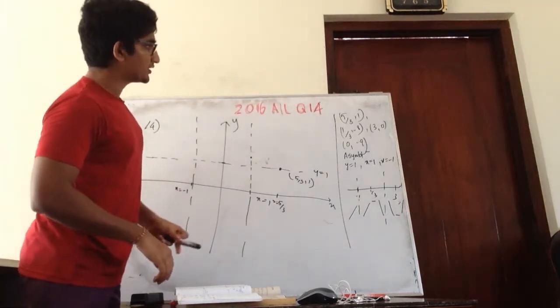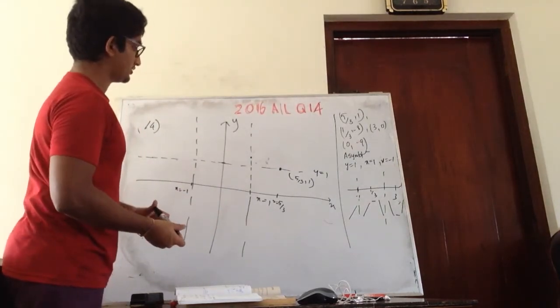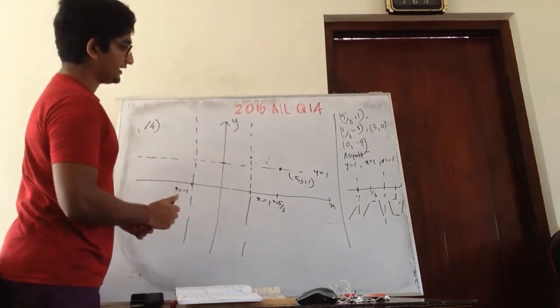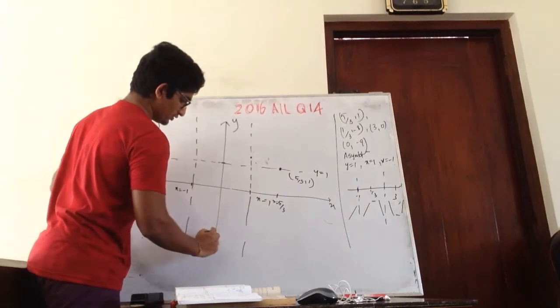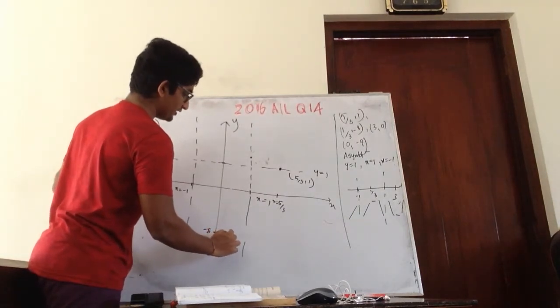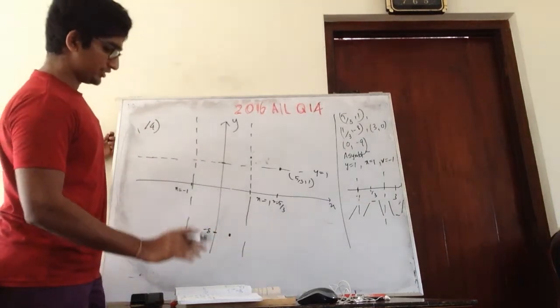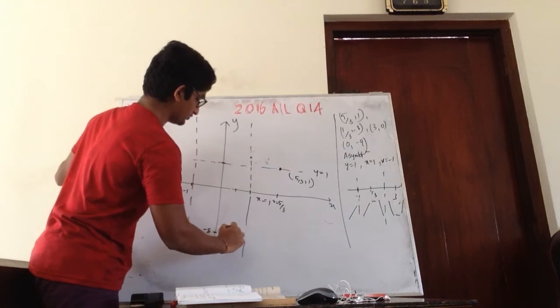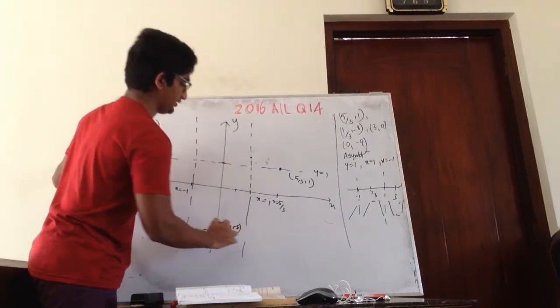Then I have 1 over 3, minus 8. I'll put minus 8 here. It is not the lowest point, it's one of the points here, right? So here is going to be 1 over 3, minus 8.